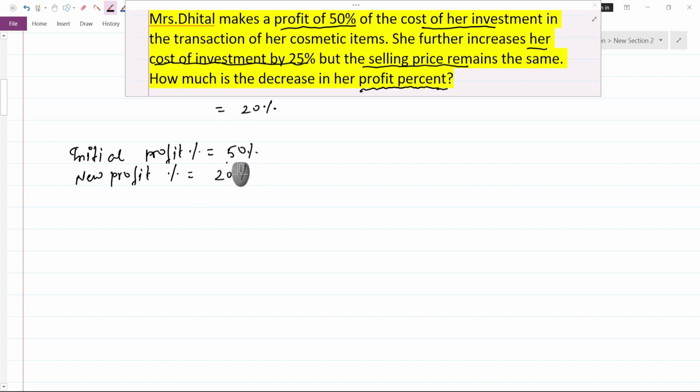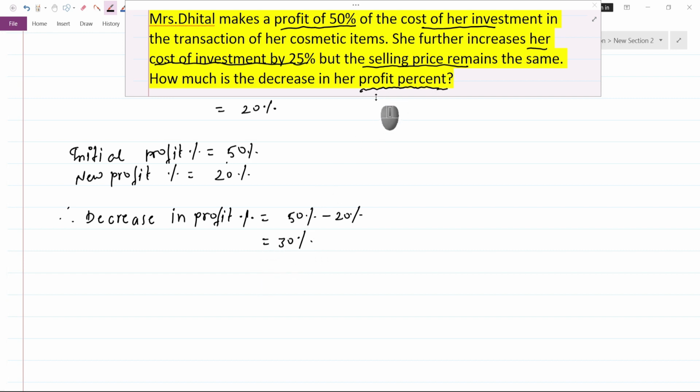Now the question asks how much is the decrease in the profit percent. Therefore, the decrease in profit percent is equal to 50% minus 20%, that is 30%. According to the question, we have to find this 30%.